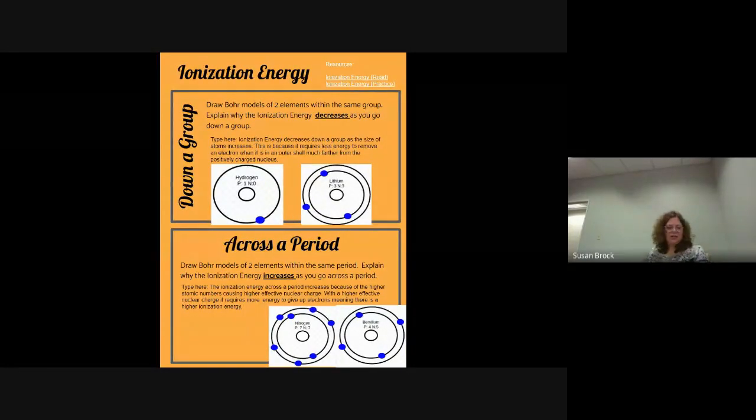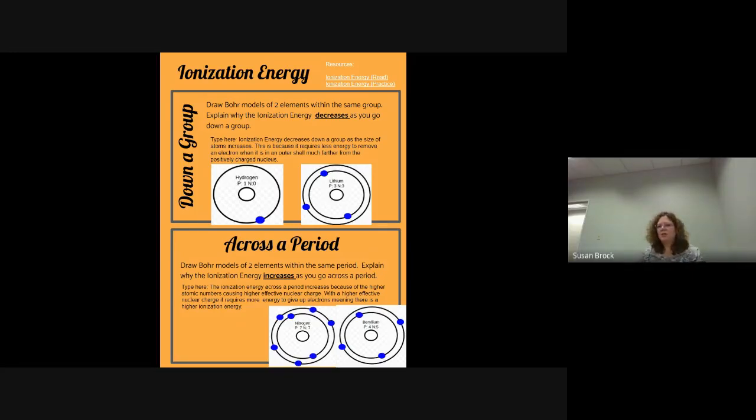Ionization energy. Ionization energy is, remember, not the energy to make it an ion. This is how much energy it takes to take an electron away. So that decreases down a group. Why? Because the more distance, less attraction. If the nucleus has less attraction on the outer electrons, it's easier to pull those electrons off, right?